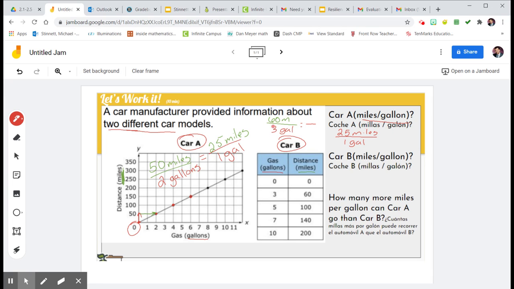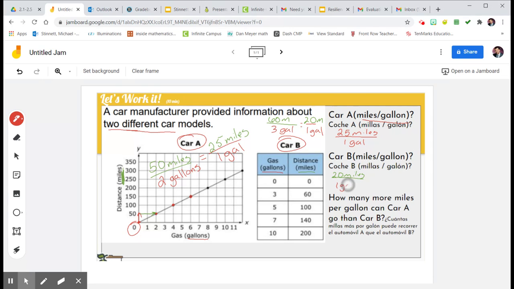And that would equal 60 divided by 3 is 20 miles, 20 miles for every 1 gallon of gas, all right? So we know this is the answer, and we can go ahead and write that in. We could say it's 20 miles for 1 gallon of gas, okay?